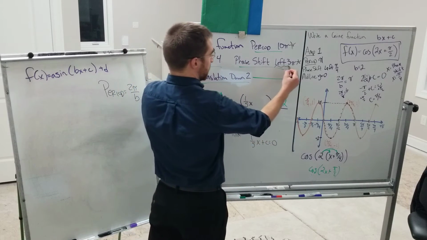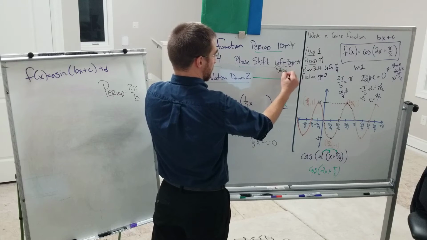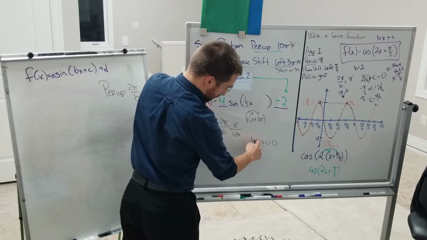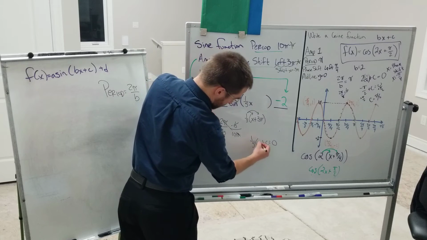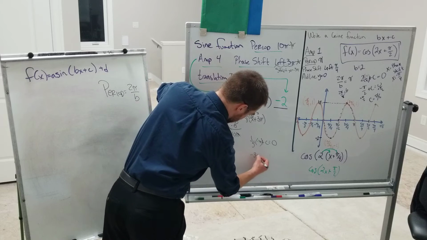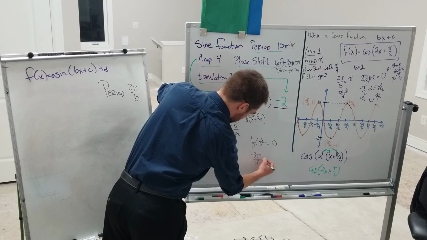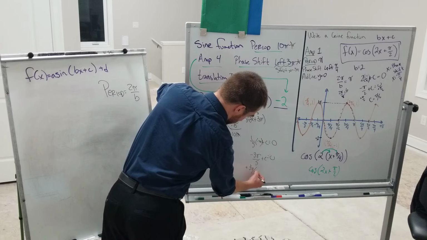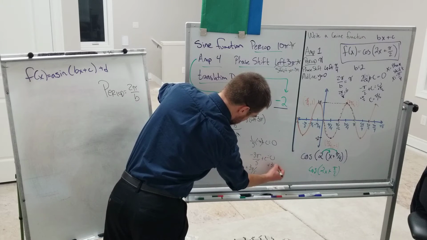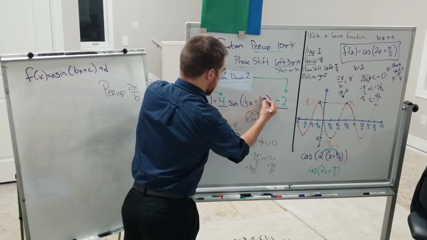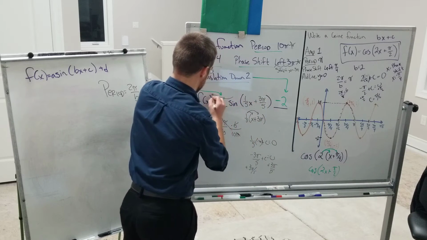X is left 3 pi, so that means we start at x equals negative 3 pi. So we replace the x with negative 3 pi, which gives us negative 3 pi over 5 plus c equals 0. Add 3 pi over 5 to each side, and we get plus 3 pi over 5.